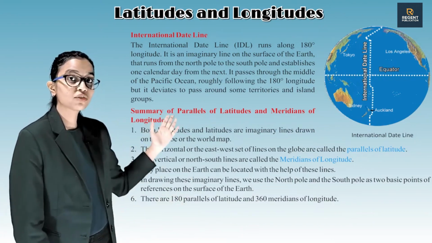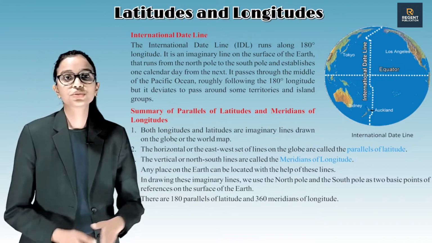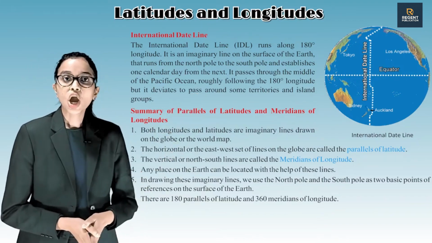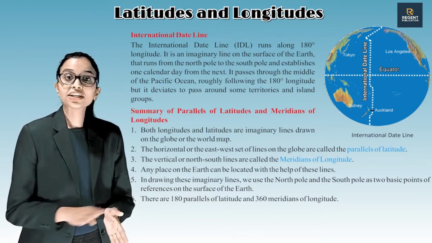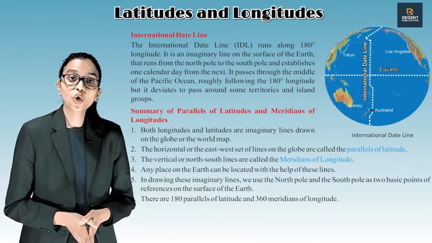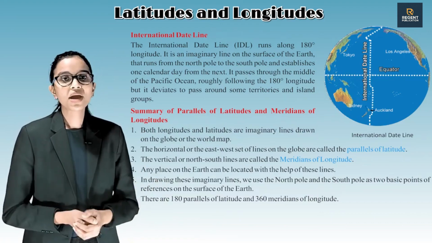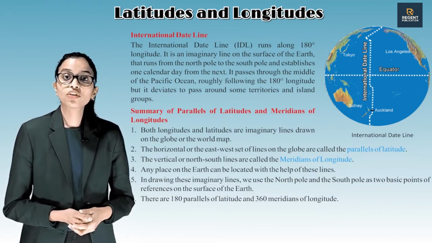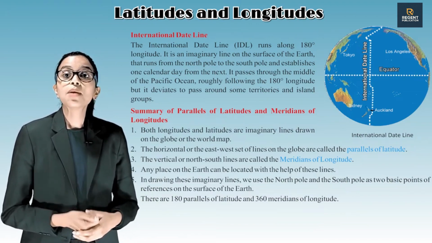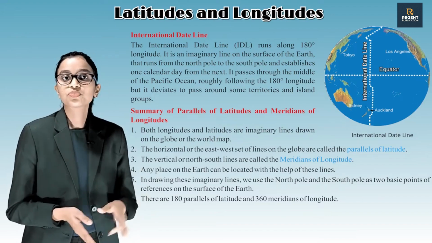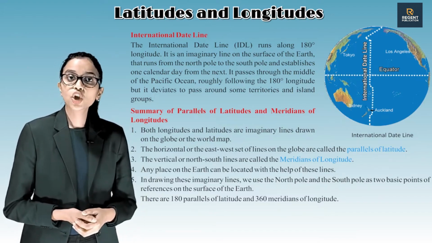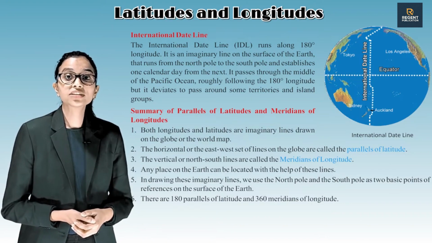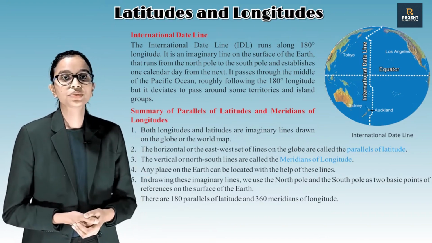Summary of parallels of latitude and meridians of longitude. First, both longitude and latitude are imaginary lines drawn on the globe or the world map. Second, the horizontal or east-west set of lines on the globe are called parallels of latitude. Third, the vertical or north-south lines are called the meridians of longitude.